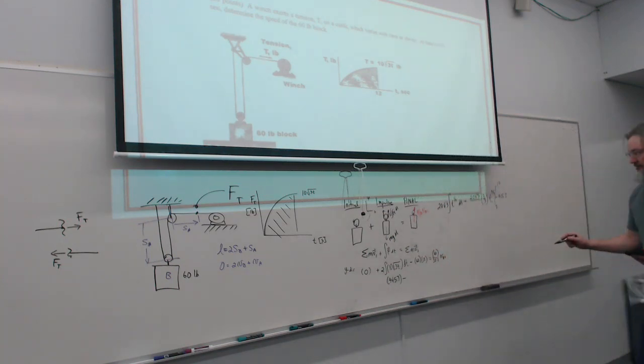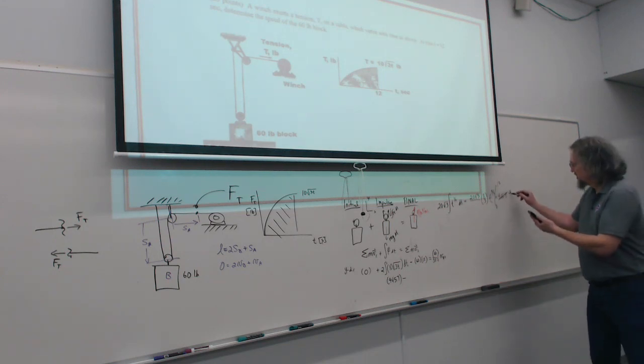What did we do wrong? Hold on. We're taking 12 to the 3/2, right? So we raise that, and then multiply it by 2, divide it by 3, multiply it by 20, and then multiply it by the square root of 3. So I got 960. Okay.